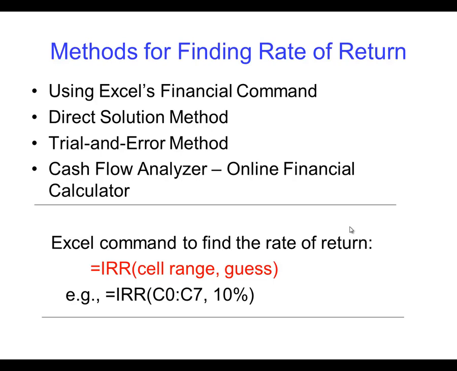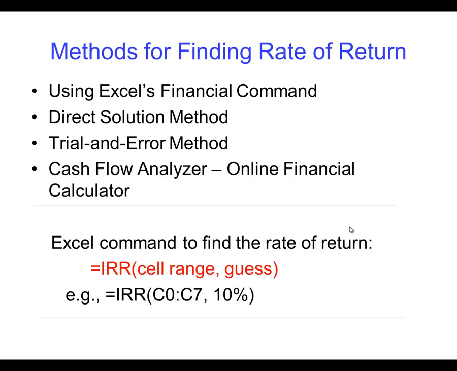We can use the trial and error method, and we tried that before in one of the chapters. We were trying different interest rates to see if that's the proper interest rate, and then we find the range, the proper range that the interest rate will fall between. Or we can use the cash flow analyzer, which is the online financial calculator that we also introduced in a previous session.